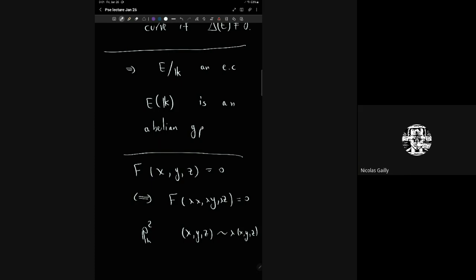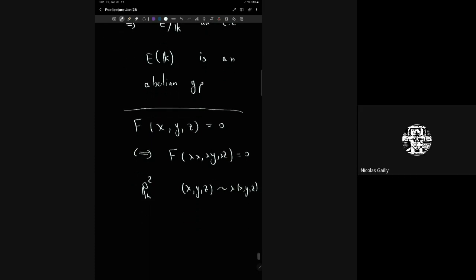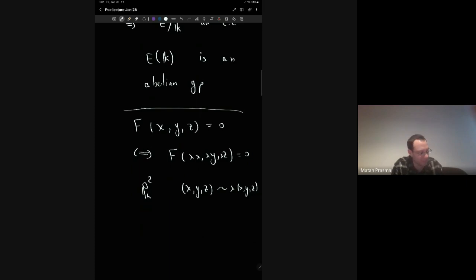Not really. I don't see why we need this to find the roots of the polynomial. Let me give you an example. I take this polynomial f of x, y, z is x plus 1. Okay, it's a legitimate polynomial over any field, but it's not a homogeneous polynomial.